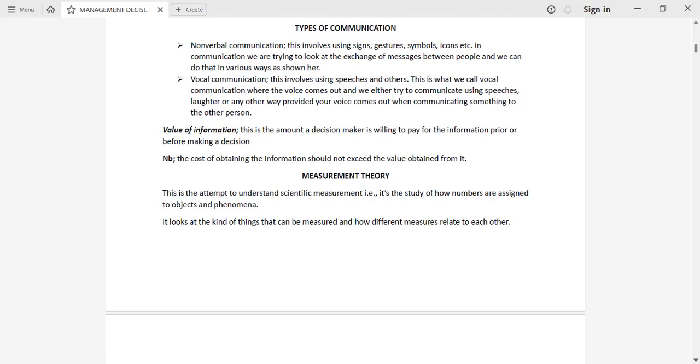In other words, this is the attempt to understand scientific measurements. In other words, it is the study of how numbers are assigned to objects or phenomena. It's like if you want to buy sugar, sugar is going to be sold in kilograms.